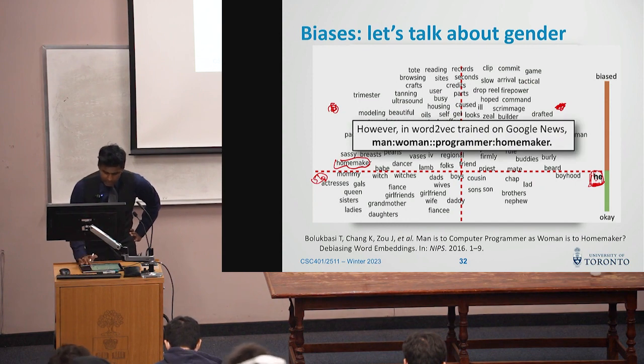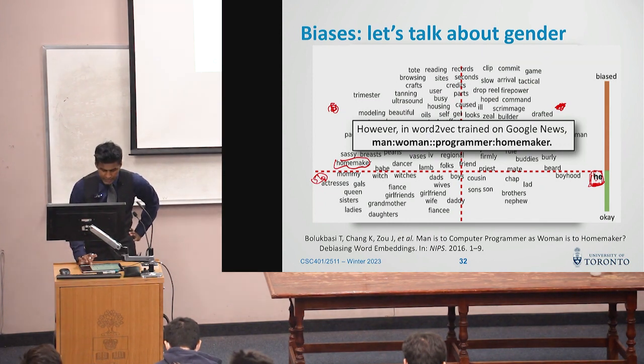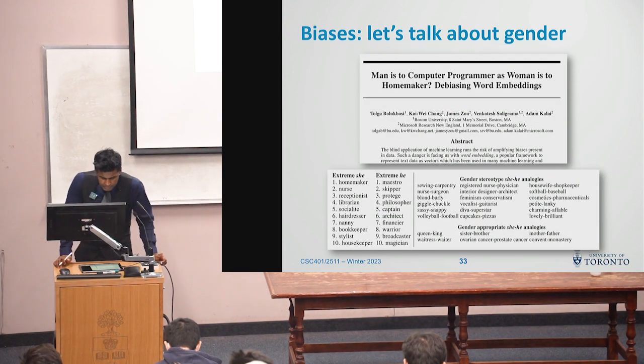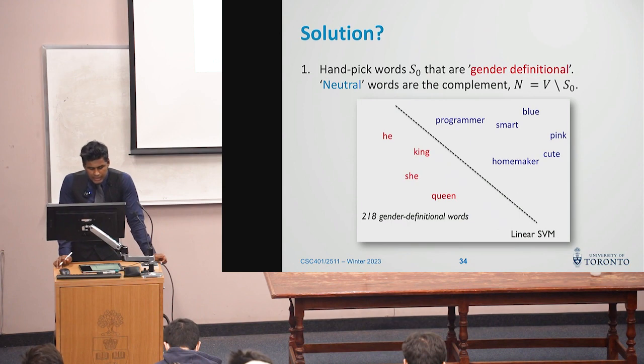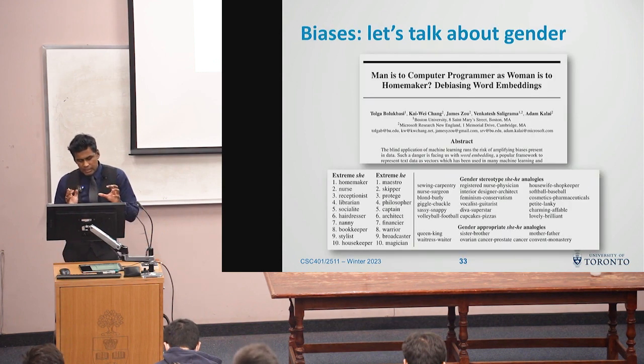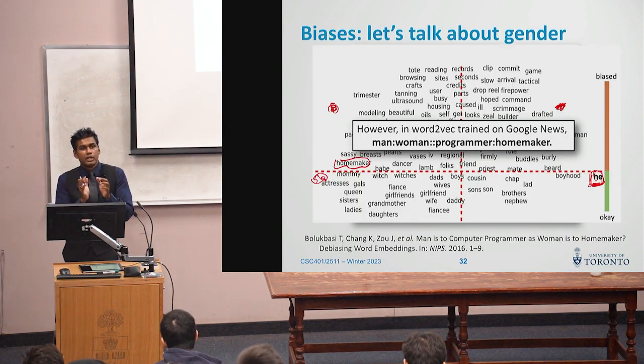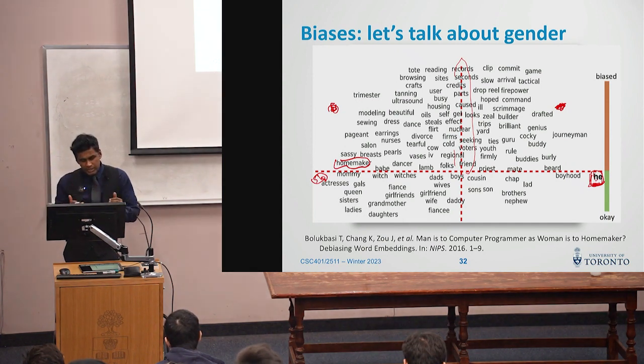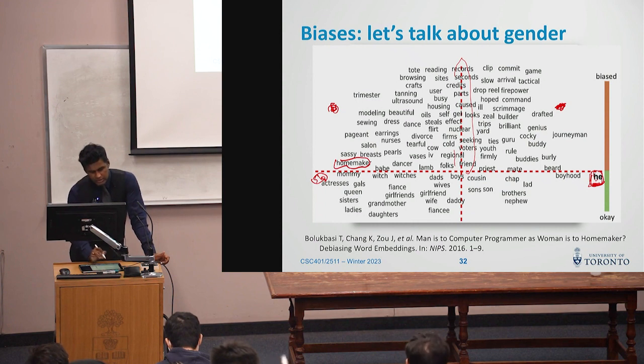So how do we solve this? This is a problem we should fix, and the solution is essentially to project the gender-neutral words away from the gender definitional subspace. Over here, if you look at the red words, they are gender definitional, like he, she, king, queen.